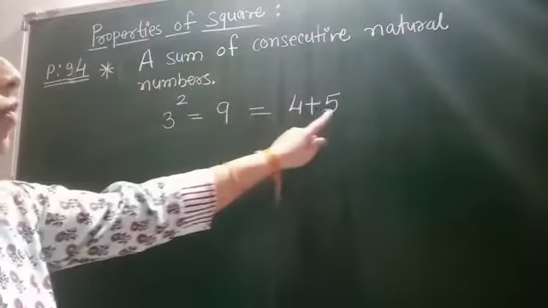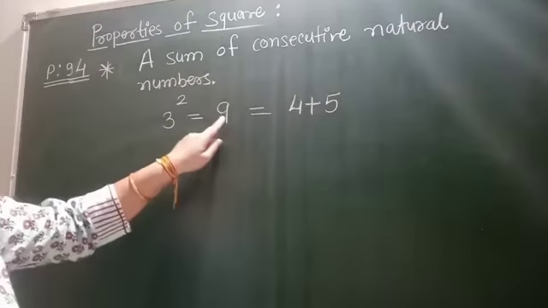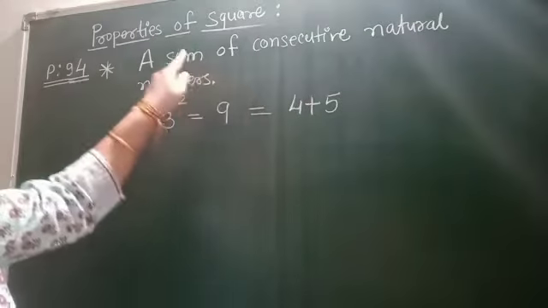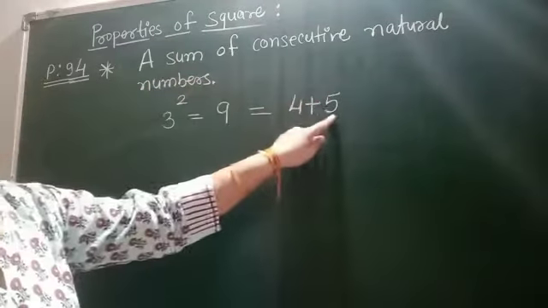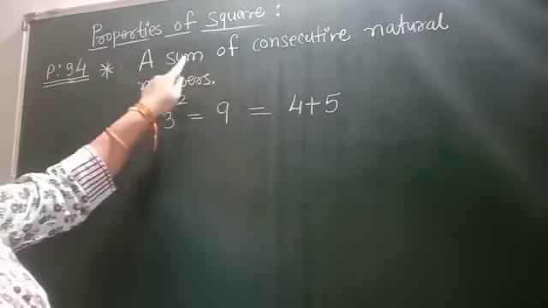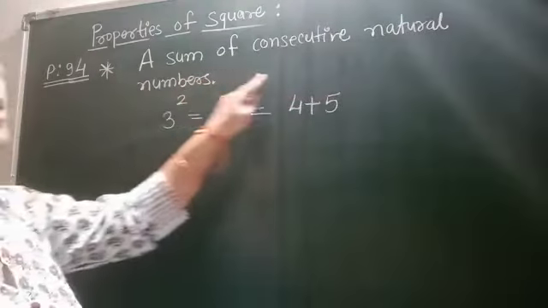When you add 4 plus 5, you will get 9 and 9 is the square of 3. And these 4 and 5 are two consecutive natural numbers and we are adding them here. So this shows the sum of consecutive natural numbers.